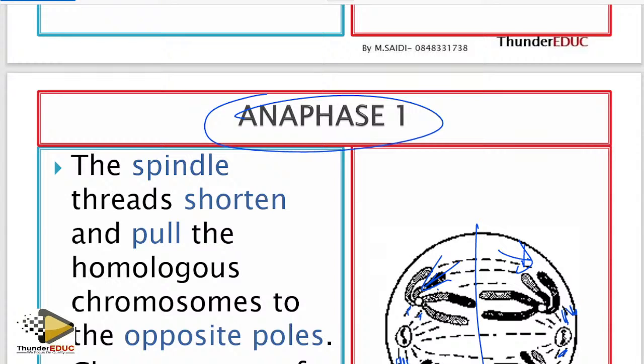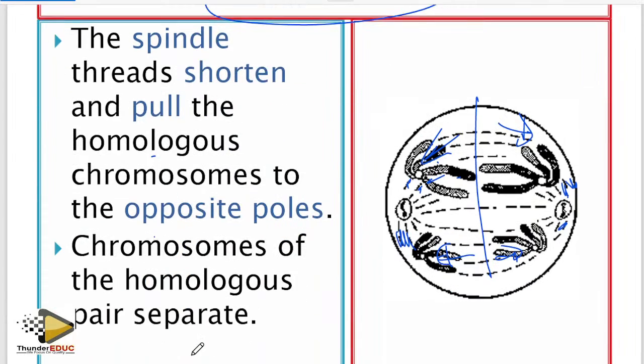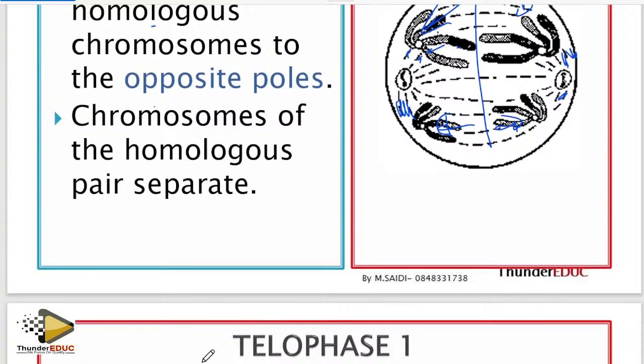That's why we say that the spindle thread shortened and pulled the homologous chromosomes to opposite poles. Check, it was a homologous chromosome here. It was a pair. Now they are being put to opposite poles. The homologous chromosomes, the pair, start to separate. That's what happens in anaphase.